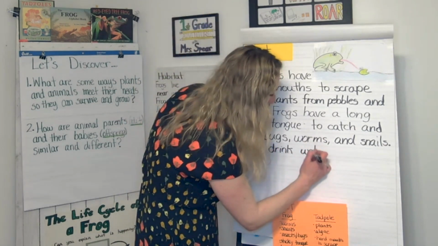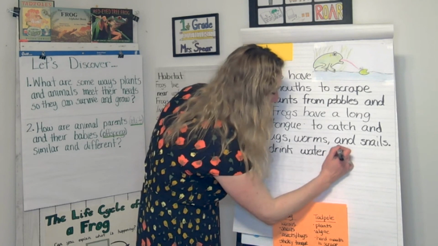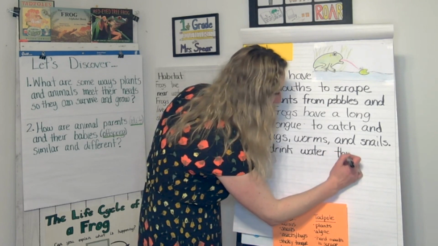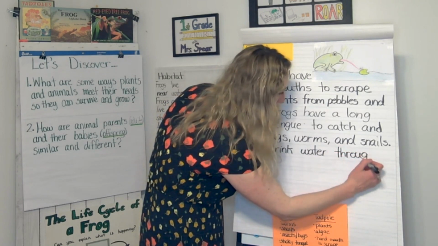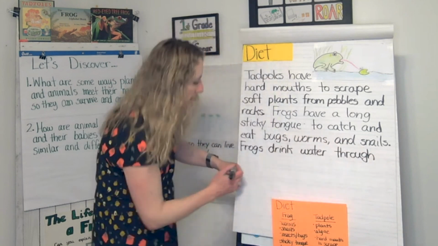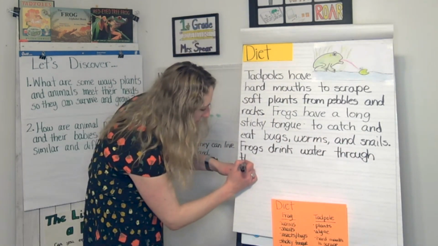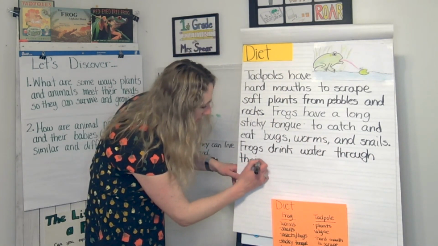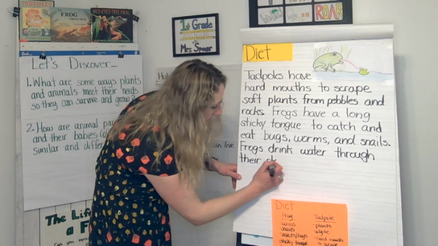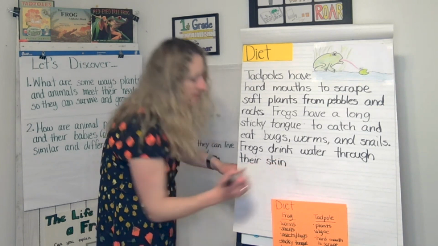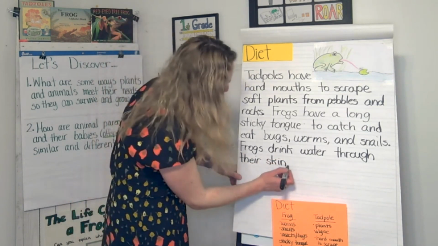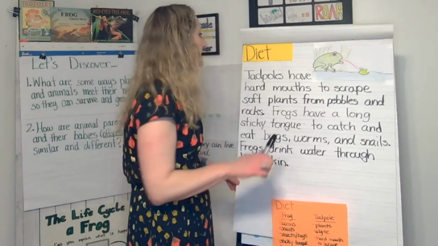Water through there. Remember we talked about which there to write? The one that shows belonging. Their skin. And what do I do at the end of the sentence? Period. Well done.